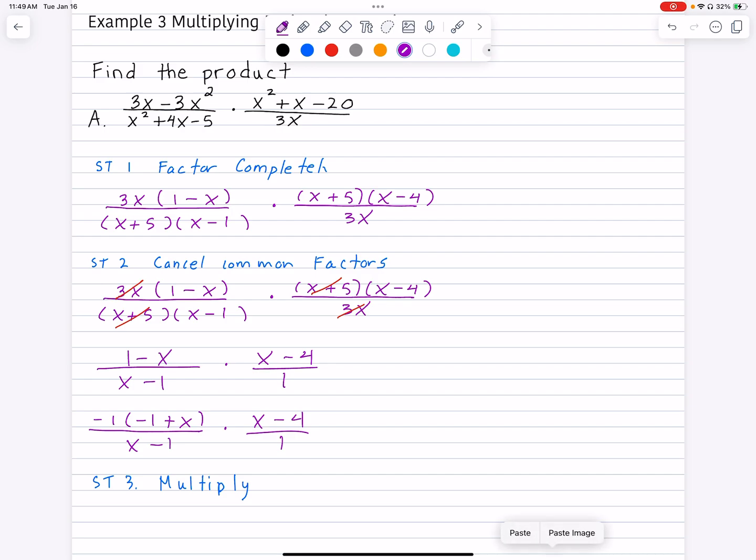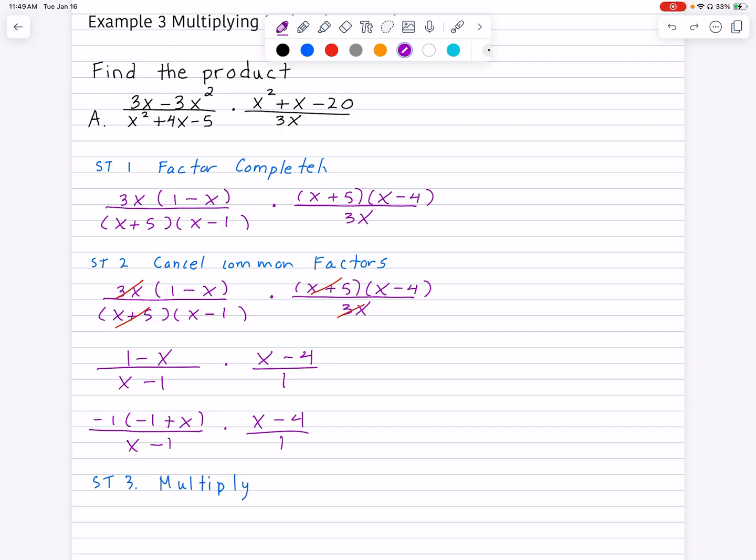Notice negative 1 plus x is the same thing as x minus 1, right? Negative 1 and x. So those two things are the same. I'm just going to rewrite this just to emphasize that. So I'm going to go over to the right.